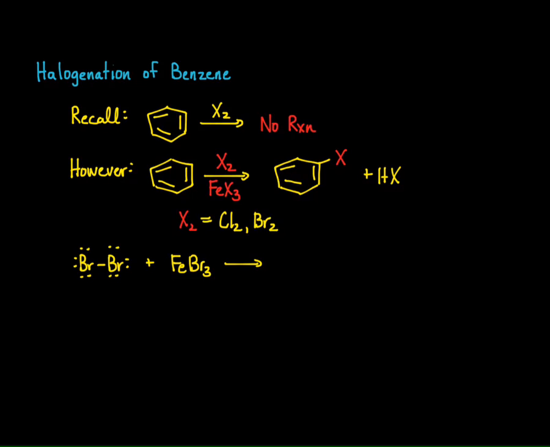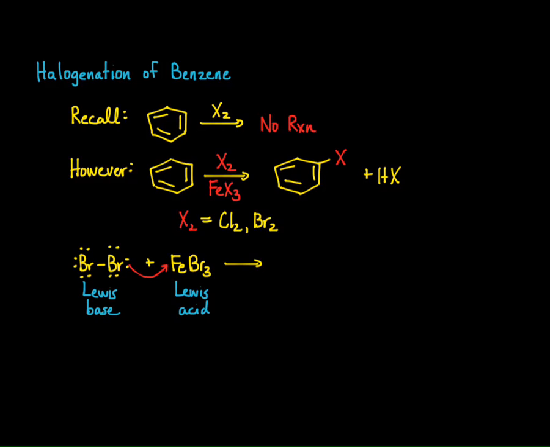In the previous examples that we saw of benzene reacting with an electrophile, these were good, strong electrophiles, very electron deficient. Here I have a situation where bromine by itself is not a good electrophile. But bromine will react with iron bromide, and iron bromide is a good Lewis acid, meaning it will accept electrons. So if ferric bromide is a Lewis acid, that means bromine is a Lewis base, and it can donate a pair of electrons into the iron.